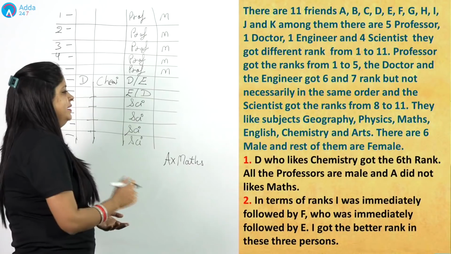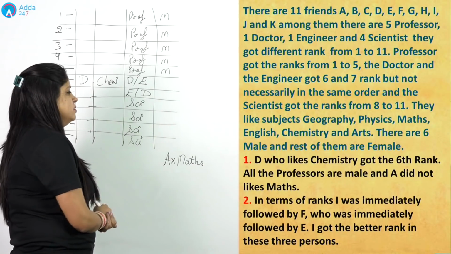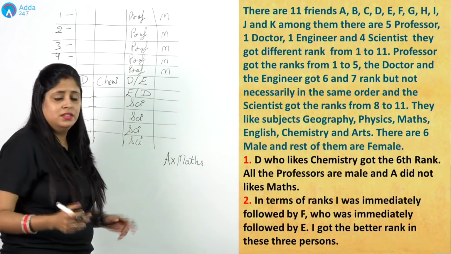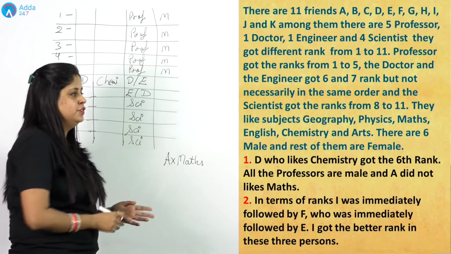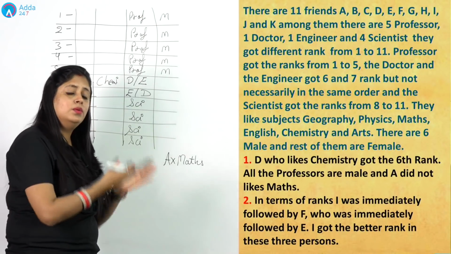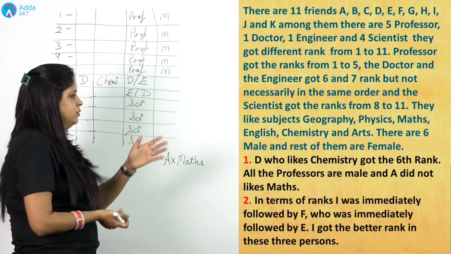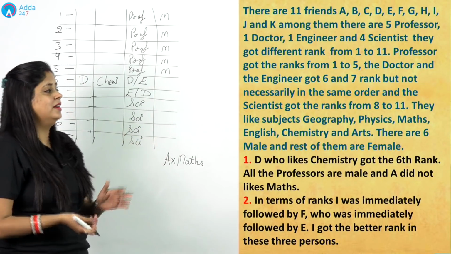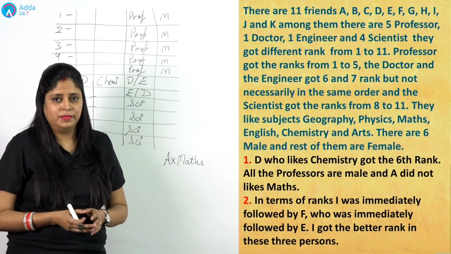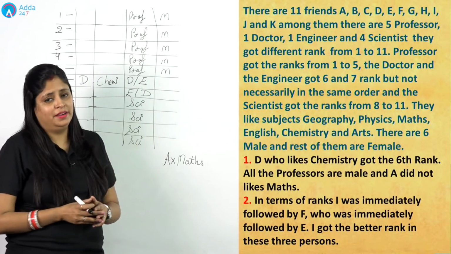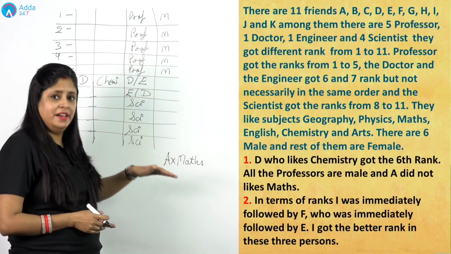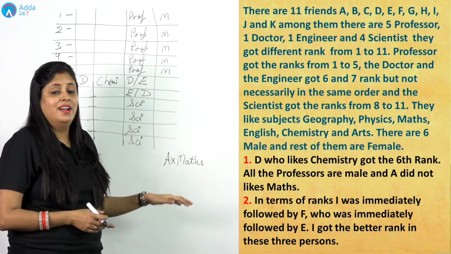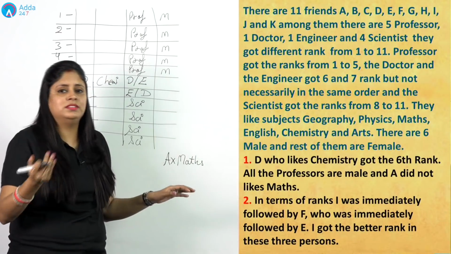Second hint says, in terms of rank, I was immediately followed by F. See, now there are two phrases used in puzzles: one is followed and another one is immediately followed. If it said, in terms of rank, I was followed by F, then we will place I, then we will place F somewhere below I. And what is the exact position of this somewhere?